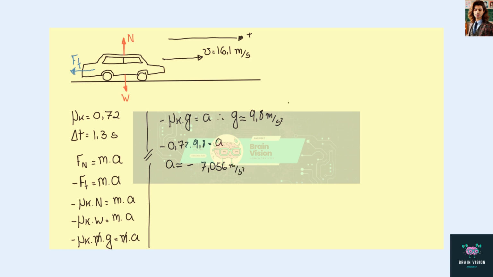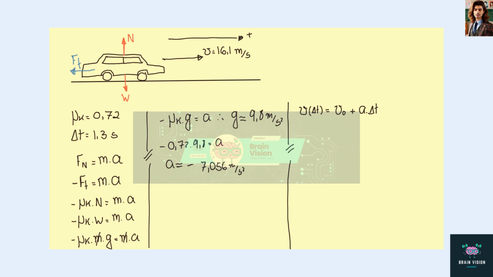Now we can calculate the velocity of that car given its initial velocity and its acceleration. The velocity of the car after an interval of time delta t is equal to the initial velocity of that car plus the acceleration of the car times that time interval.